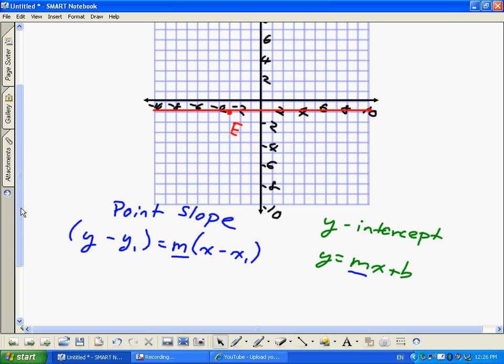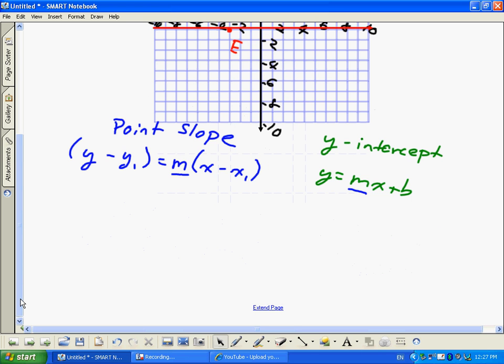We can plug the values of that point into both equations. We know that m is 0, and our point E was at -3 and -1. We can plug those in, and then we'll apply our zeros to the equations.